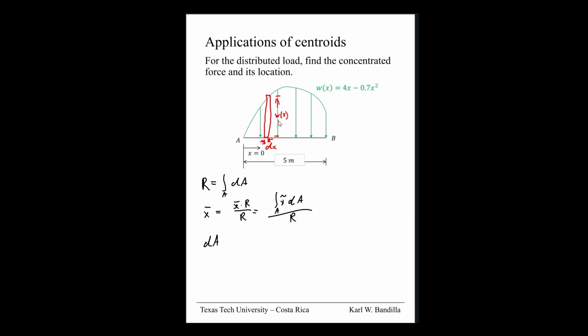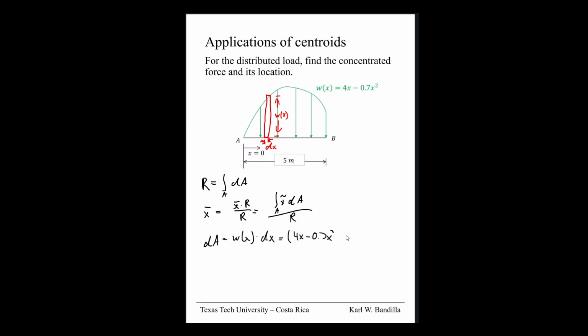So that would be w of x times dx, or in our case, 4x minus 0.7 x squared.